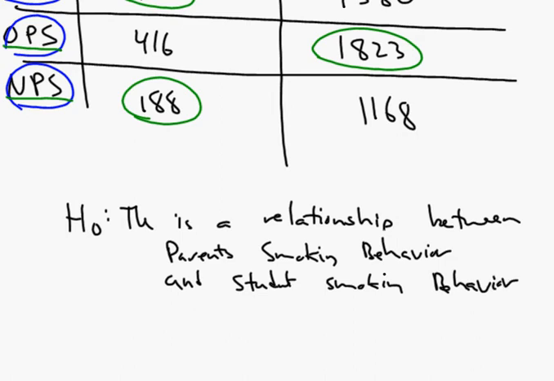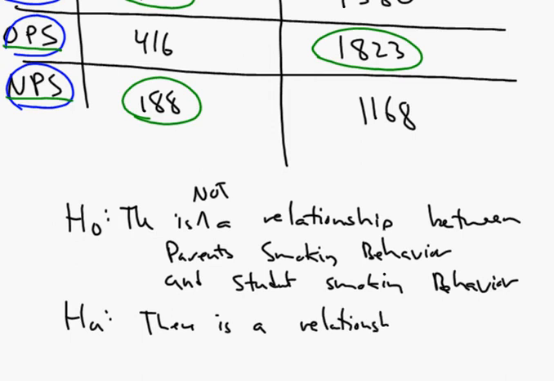So that's your, I'm sorry, I should say there is not a relationship. Usually H0 indicates that there's no relationship or anything else, that these two variables are not affecting each other, right? HA is going to be that there is a relationship. Okay? So there is not a relationship versus there is.